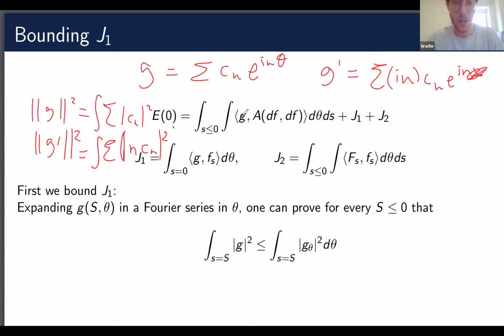And because G has average 0 and C0 is the average, C0 equals 0. So that's the important thing.